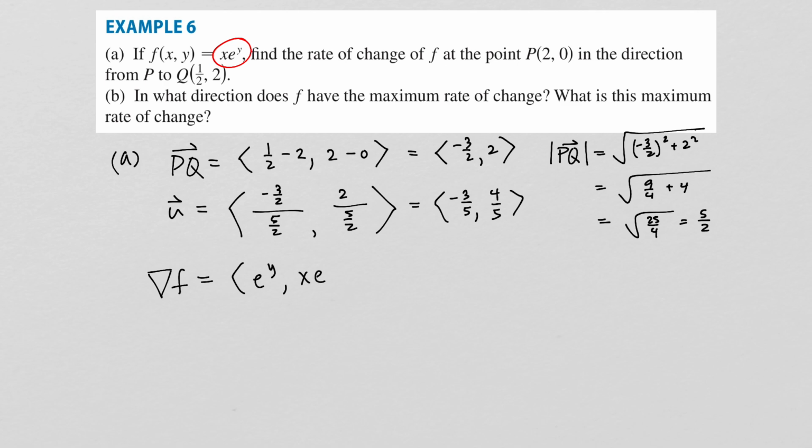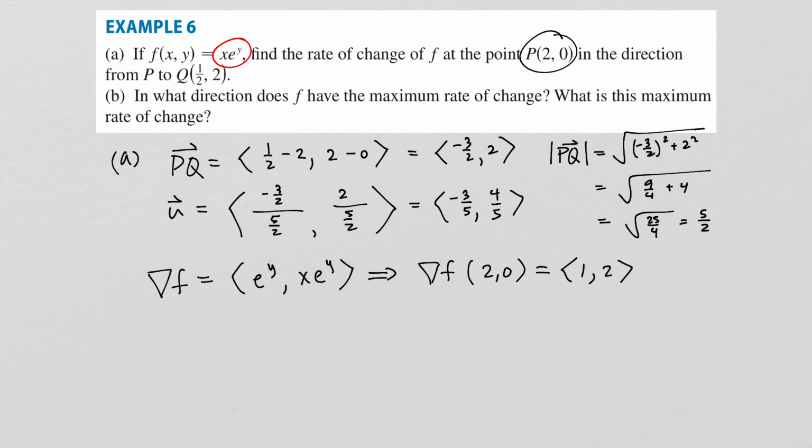Then we need to evaluate the gradient vector at the point P, which is the point (2, 0). So we plug in x equals 2 and y equals 0. y equals 0 gives us e to the 0, which is 1, and x equals 2, y equals 0 gives us 2 times 1, which is 2.